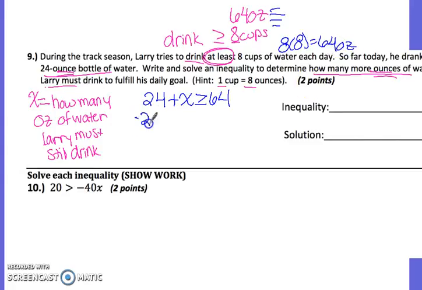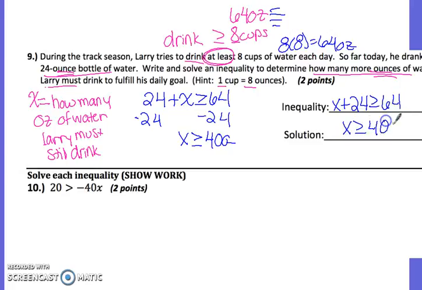So then I subtracted 24 from both sides to get X is greater than or equal to 40 ounces. So your inequality would be X plus 24 is greater than or equal to 64, and X is greater than or equal to 40 ounces. This is the only inequality that's acceptable. You have to show an inverse operation whenever it says write an inequality.